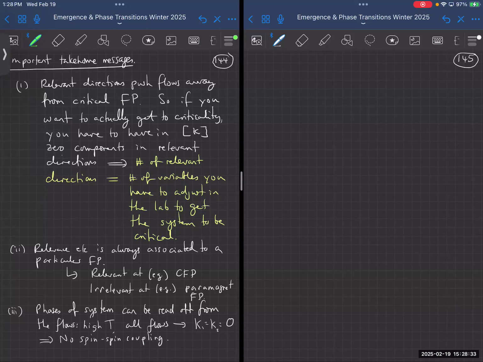Okay, so now what this tells us is that these flow diagrams tell us the origin of universality. The origin of universality is the following.